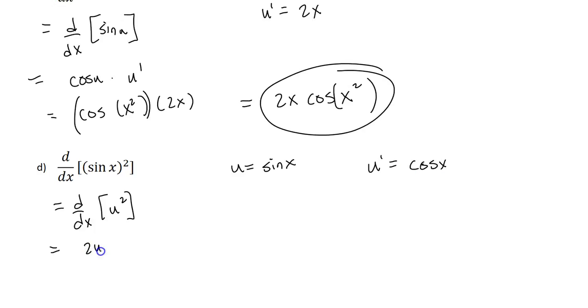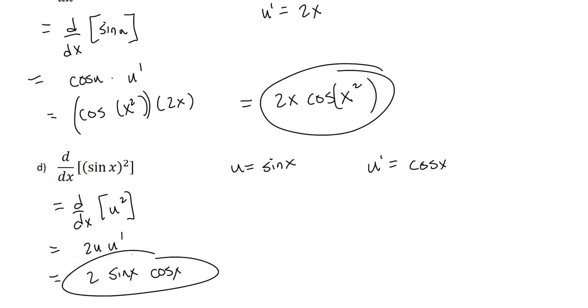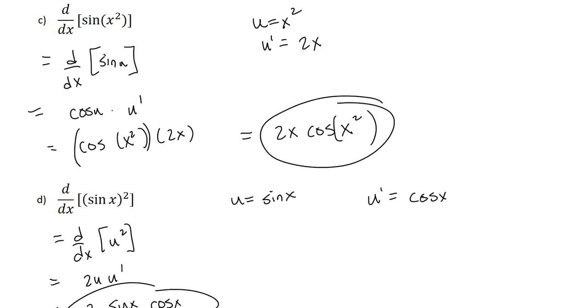So this derivative is 2u times u prime, or 2 sine of x cosine of x. So a very subtle difference, just where you place the squared in this problem makes a very large difference for how the problem actually works out.